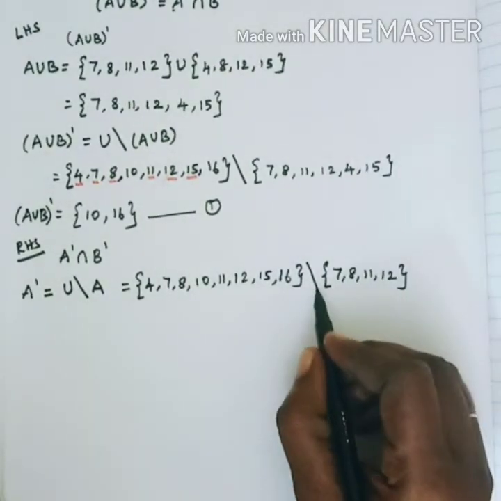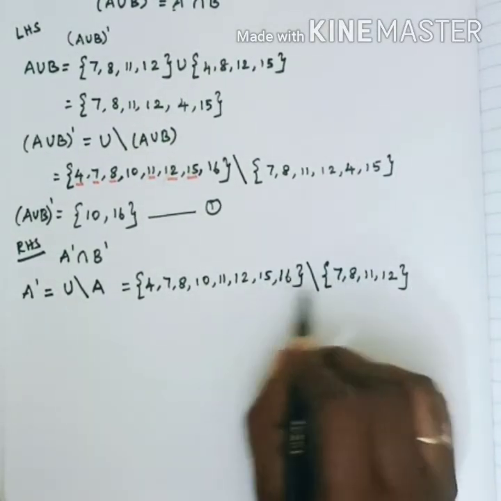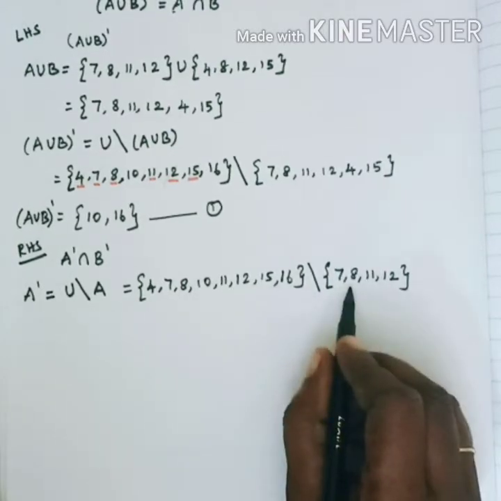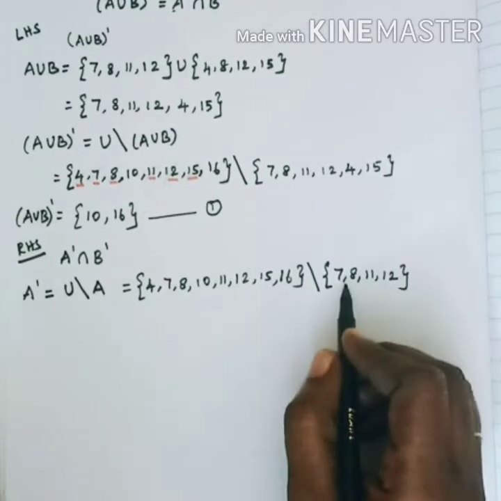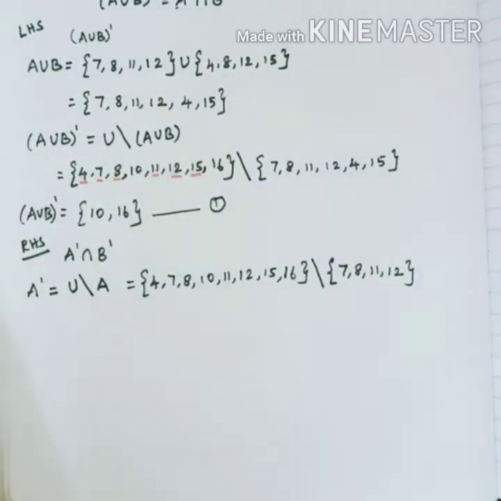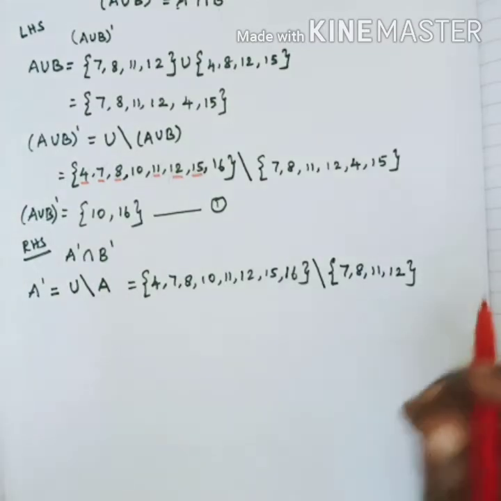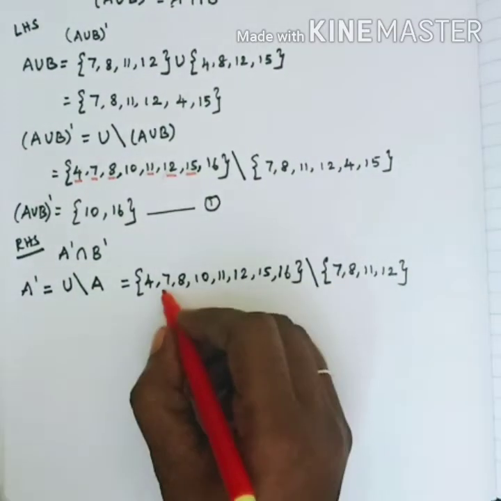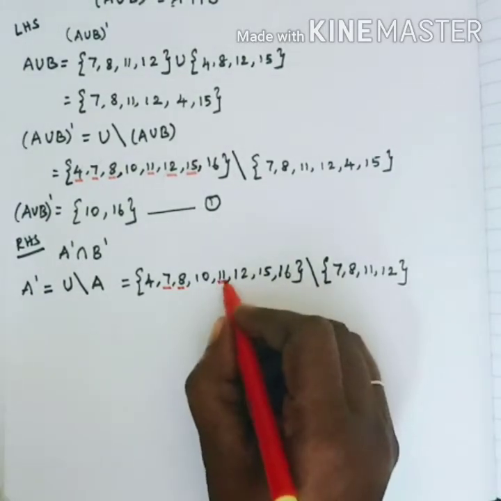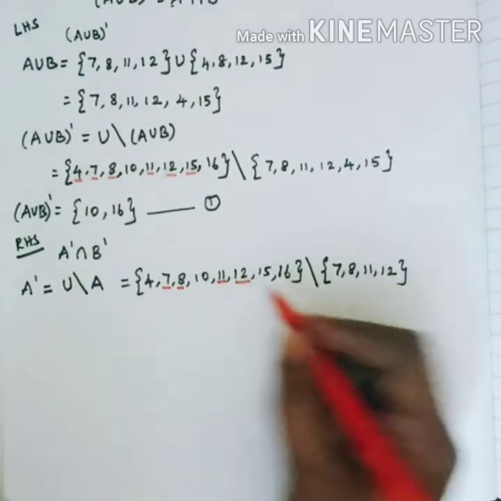Now the slash symbol is given in between the sets, so you have to identify the common elements, and omit those elements in the first set and write the remaining elements alone. So here 7 is the common element, 8 is also a common element, 11 is also there, and 12 is also there.